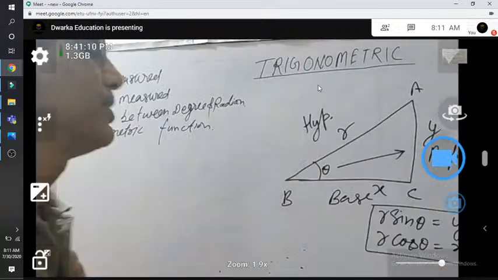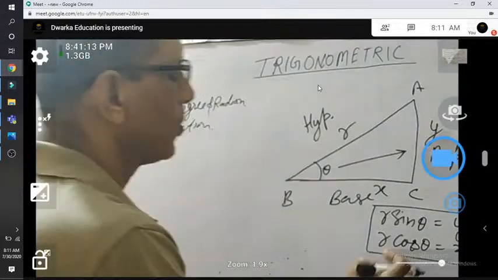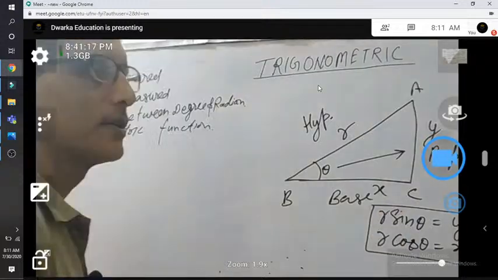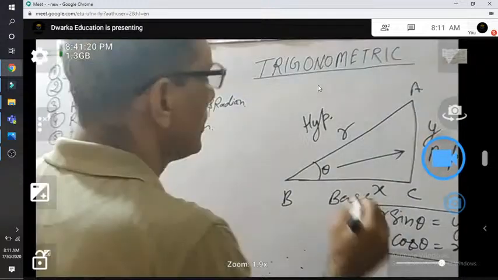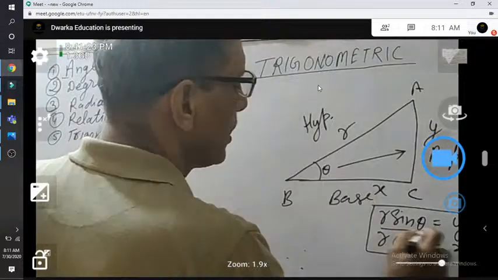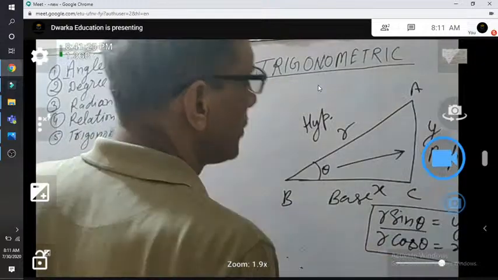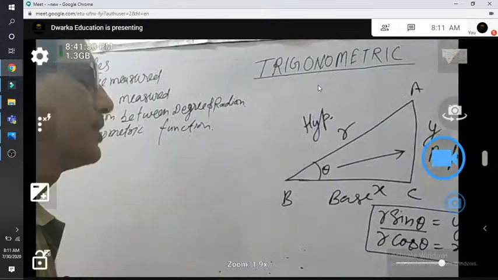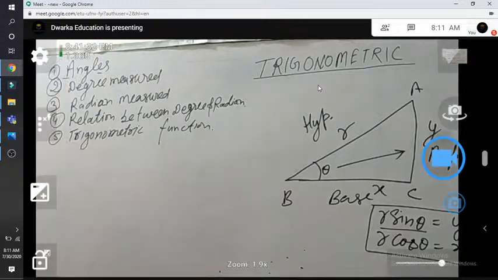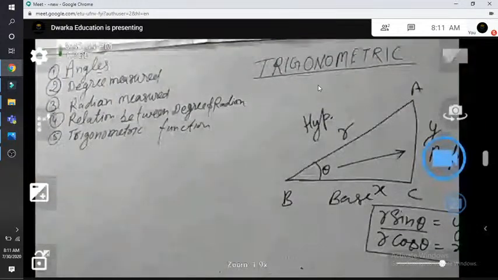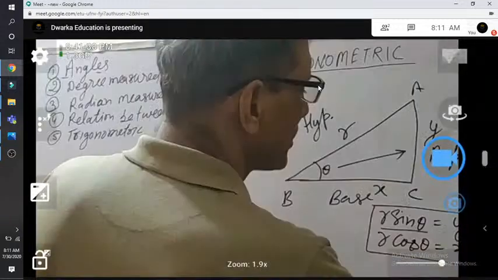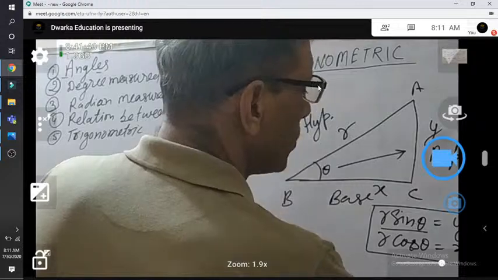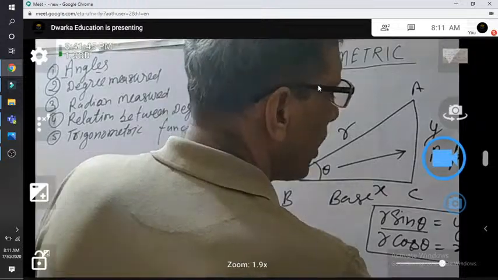We can find tangent, cot, secant, all from these two equations. Then, in other words, sine theta is equal to y upon r, and cos theta is equal to x upon r.